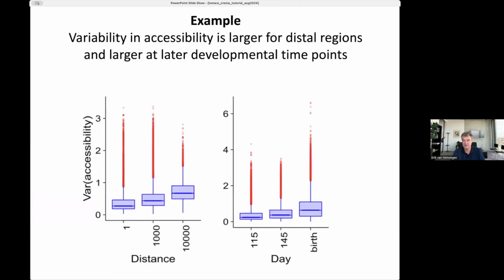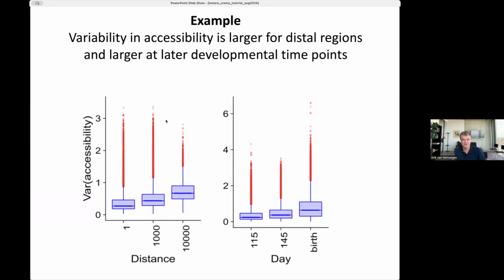So one of the things that you could do is stratify all the CREs that I have by how far they are from the nearest TSS. So here on the left, I took all the CREs that are near a TSS. Here are those that are about 1 to 10 kilobase, and here the ones that are more than 10 kilobase away.